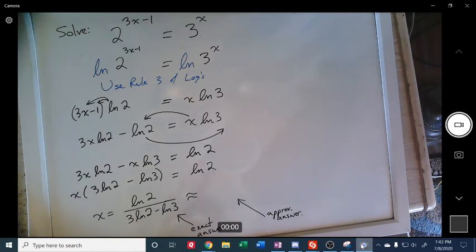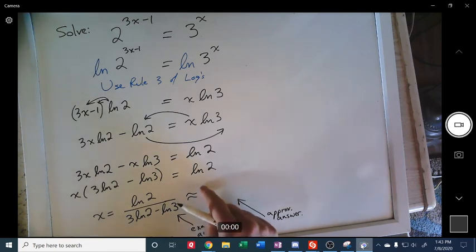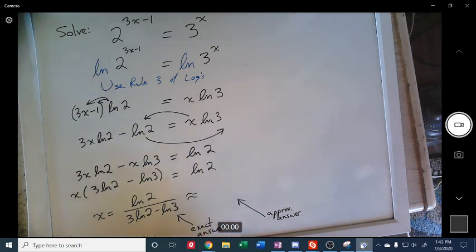If you're going to Home Depot and you're telling them how long to cut your piece of wood, you better not give them the exact answer. Tell them 3.46 inches. But if you're giving this answer to NASA and they're sending somebody to Mars, you better give them this answer so they can get as exact as they need to.